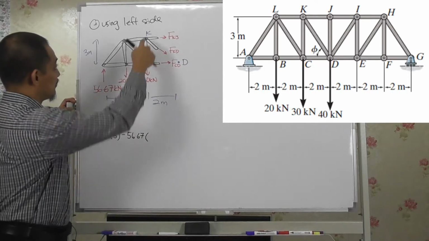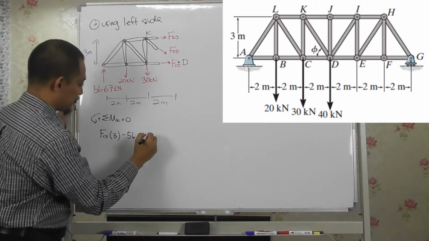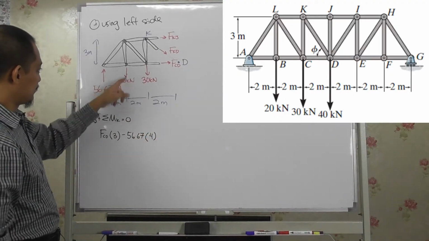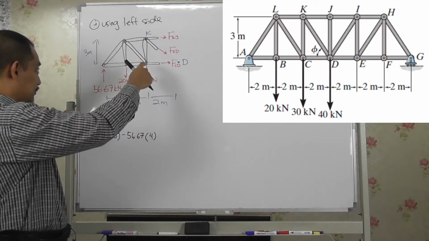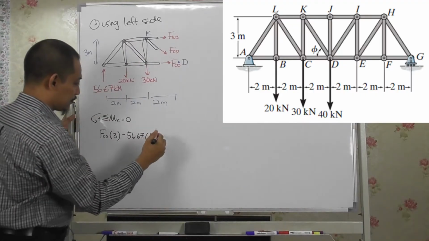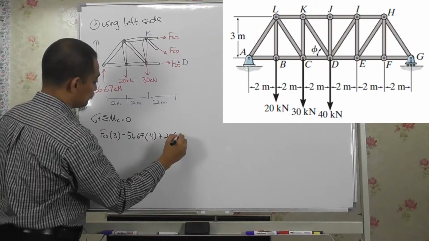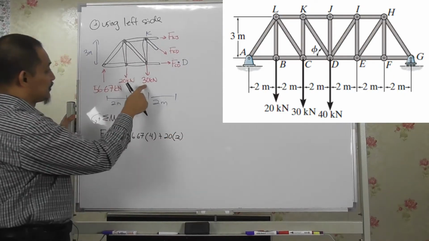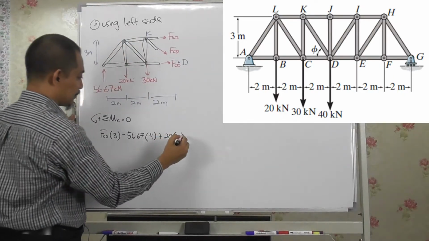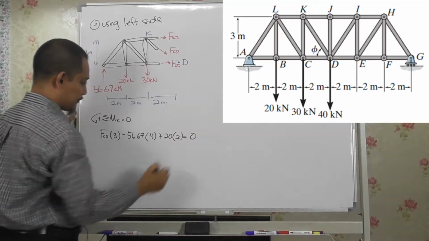we're taking K here, right? So 4, and then this one will be counterclockwise, so plus 20 times 2 this distance, and this 30 is going through K, so no moment there, equal to 0 here.